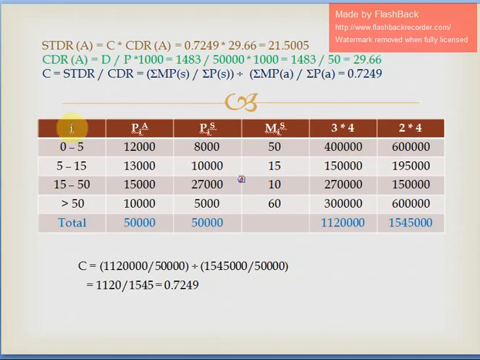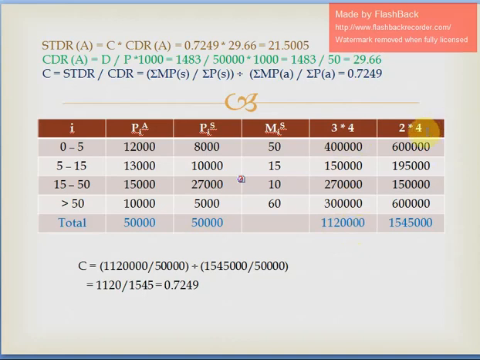This value we need for calculating the value of C. What are we given? PIA is known, PIS is known, MIS is known. So just multiply PIA by MIS and PIS by MIS and calculate these values. I have calculated them. Column number 3 is PIS, column number 4 is MIS. Multiplying MIS into PIS and taking the total, it comes out to be 1120000.